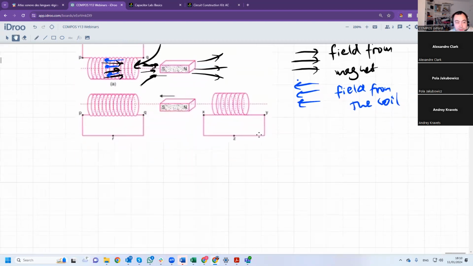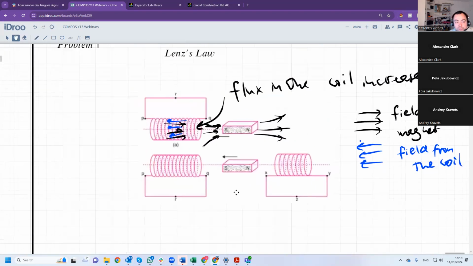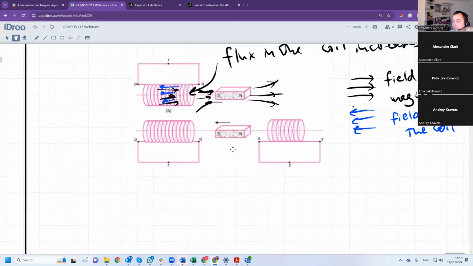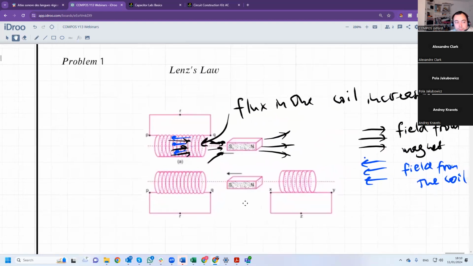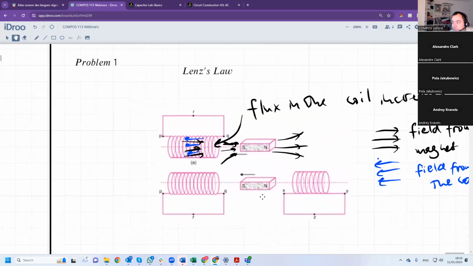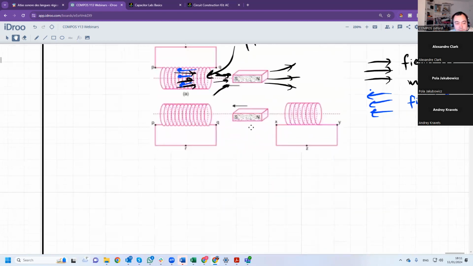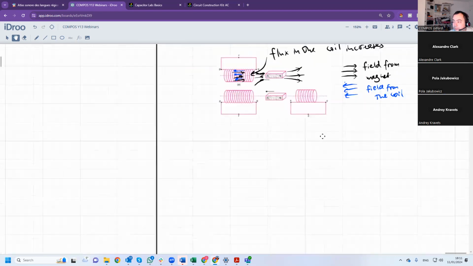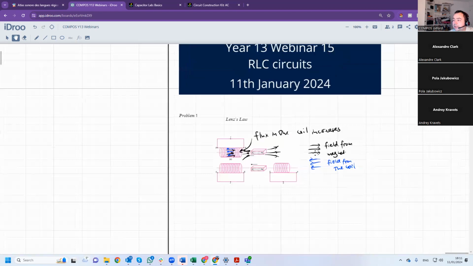So would you like me to go through the other two examples, or are you fine? Basically, I'm asking, do you understand Lenz's law? And would you like me to go through these two examples? I think we're good. Okay, just to get a feel of the room, because I've had a chat with one of you before.